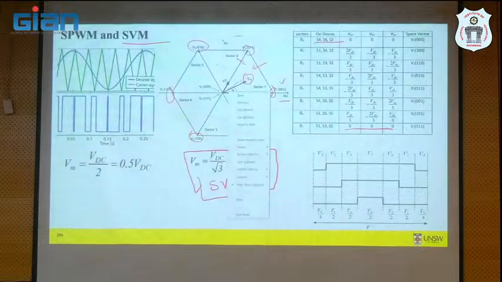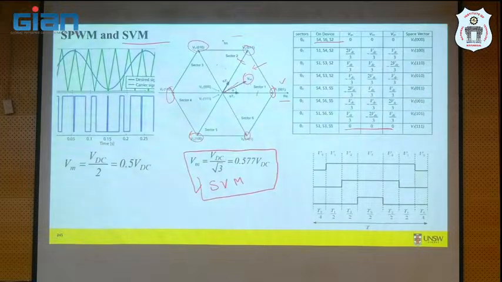Now, in the space vector modulation, you simply calculate how long, let's say we call this 1 and this 2, vector 1 and vector 2 need to be on. That way you calculate the time required for each vector to be on.